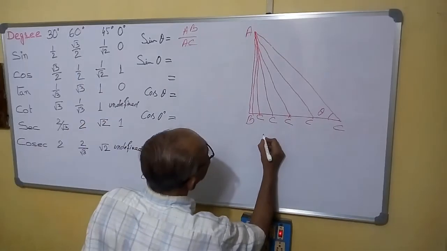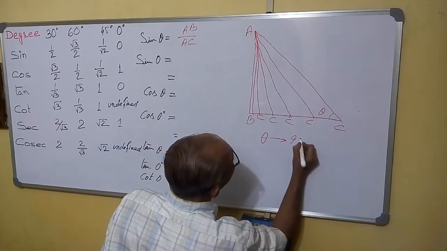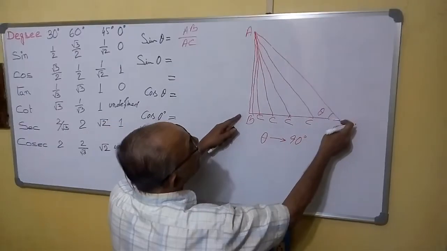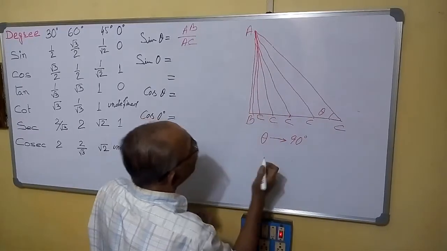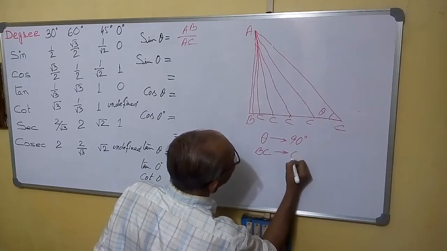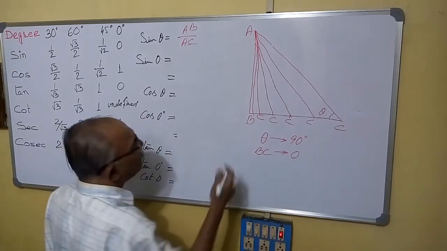So as theta is moving towards 90 degree, what happens? BC was this much, it is decreasing, almost becoming 0. As theta moves towards 90 degree, BC is moving towards 0.